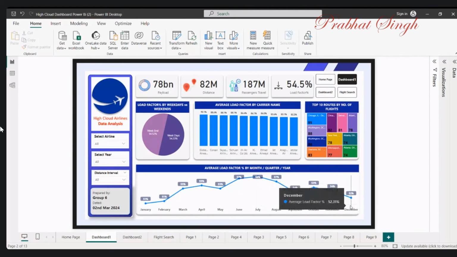And by year, we can drill up and drill down on the average load factor.